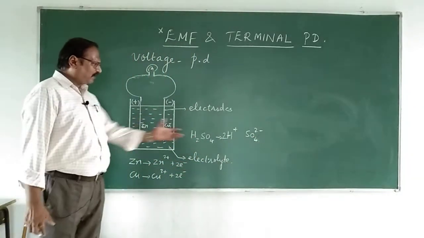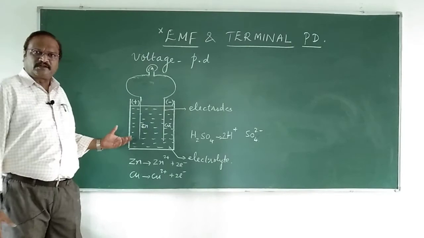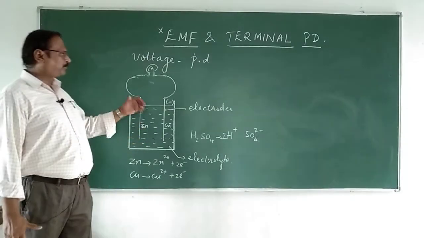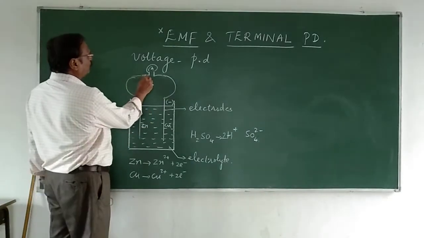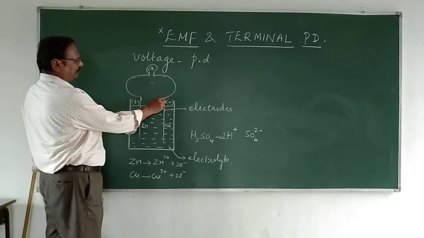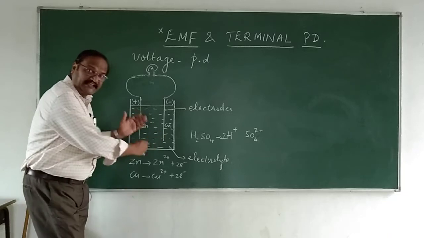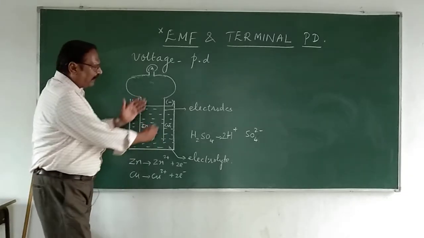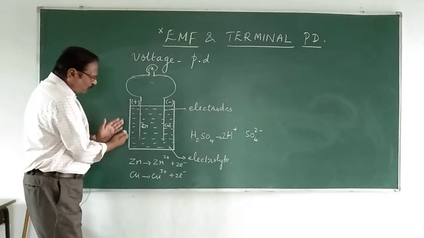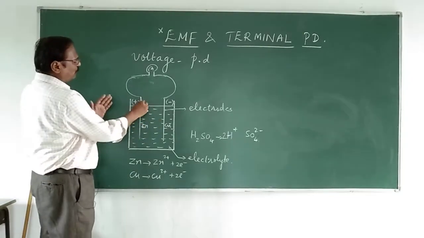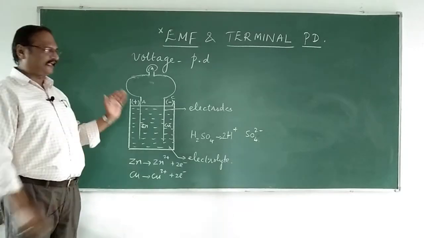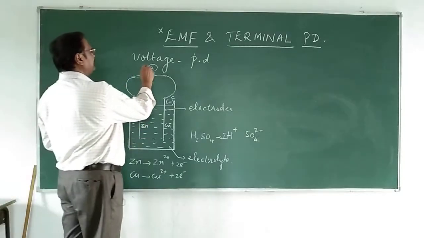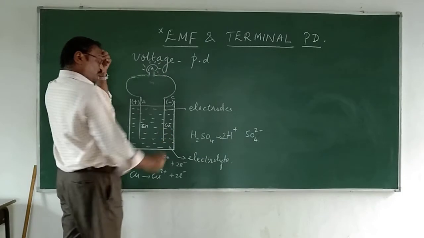The movement of ions inside the cell is very important, and it produces electricity. The electrons flow through the external circuit, get attached to one of the electrodes, which we call positive or negative, and the electricity comes out and the bulb glows.